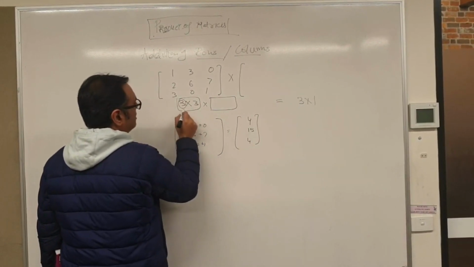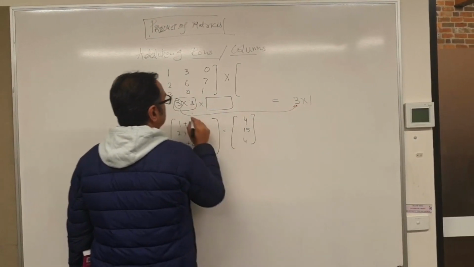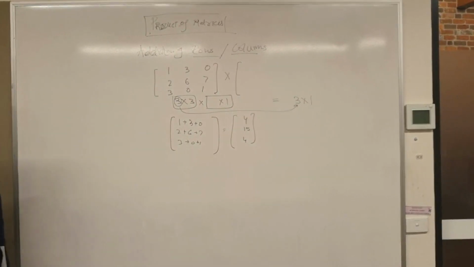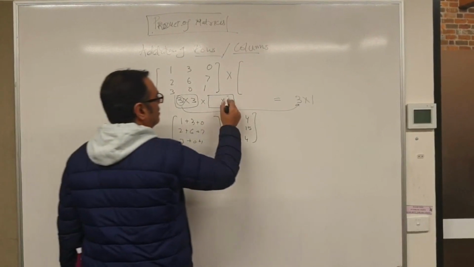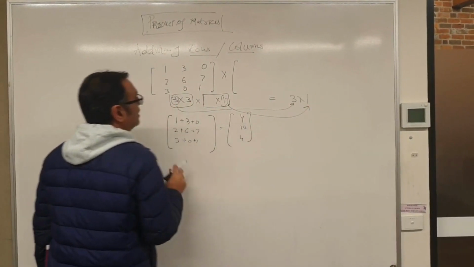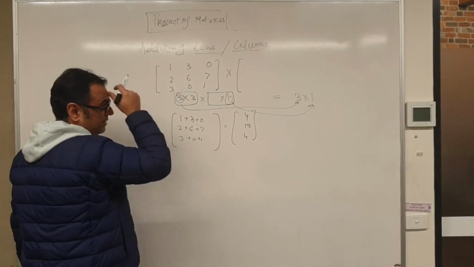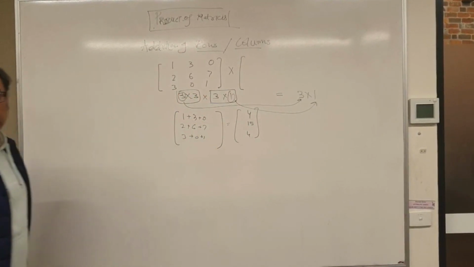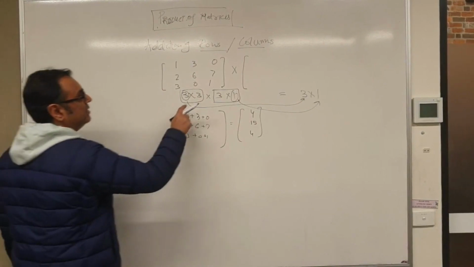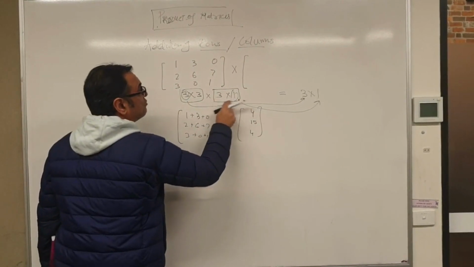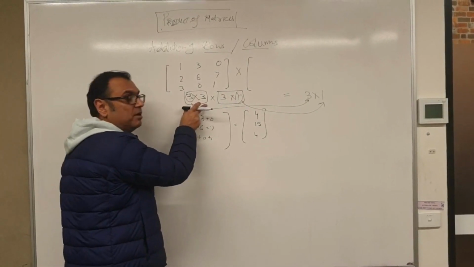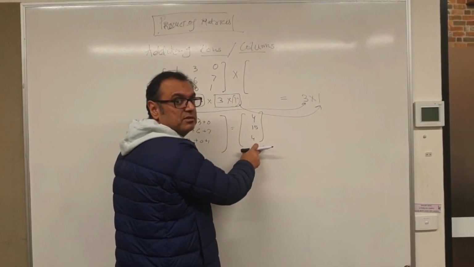That means I need a 3 here and a 1 here. So definitely a 1 here. In order to multiply, these two have to be the same. So I need a 3 cross 1 matrix to be multiplied to the original matrix to get this matrix.